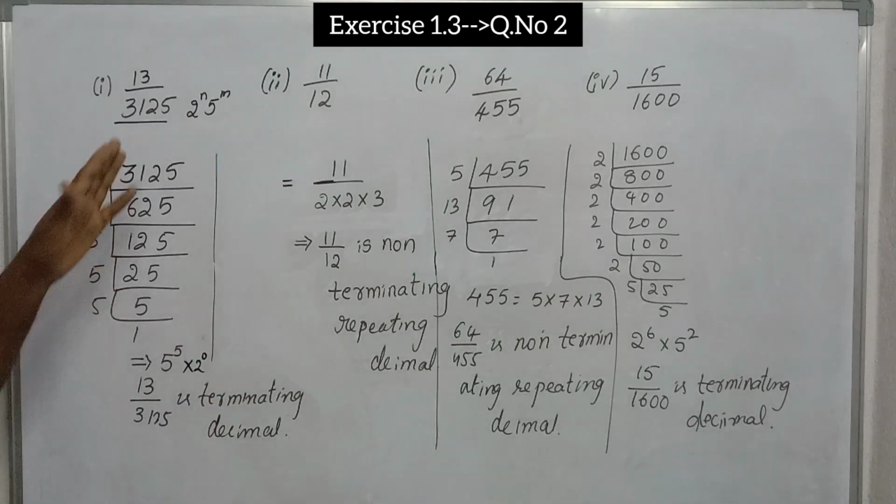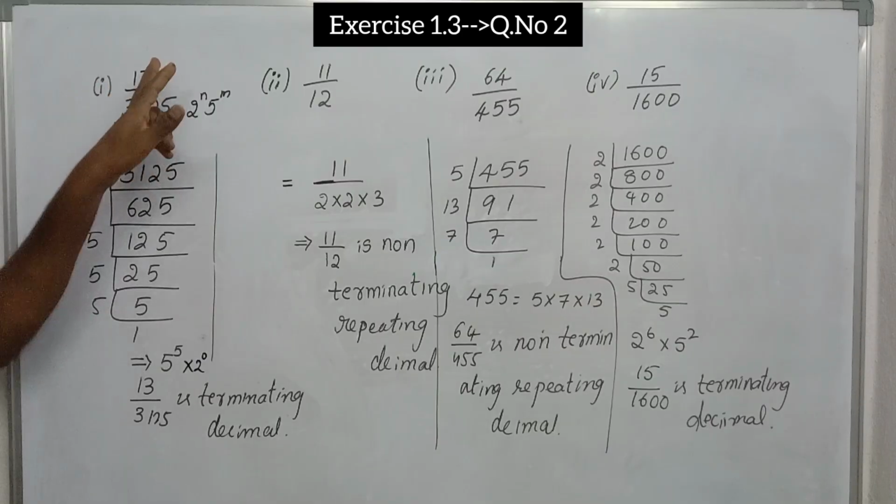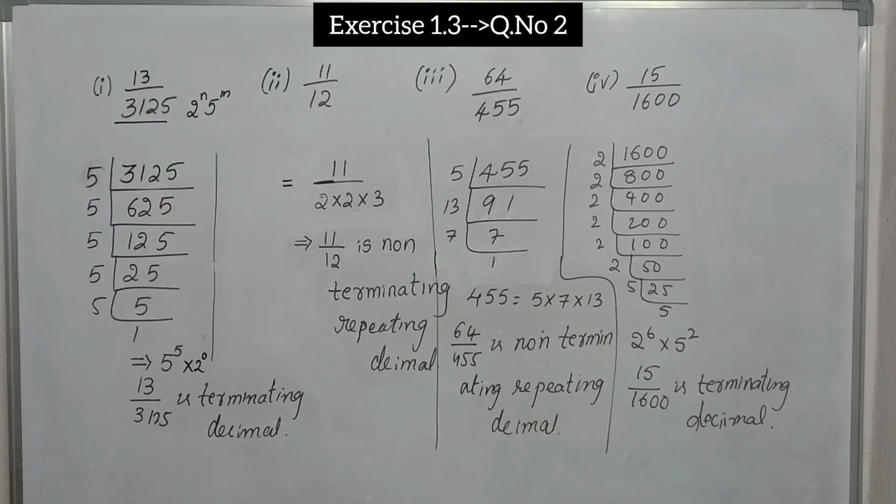So can I express this as a terminating decimal or non-terminating decimal? This is definitely a terminating decimal. So 13 upon 3125 is a terminating decimal. How can you express it? Write 13 by 5 power 5, multiply by 2 power 5 and divide by 2 power 5, and then you will get the decimal form of this rational number.